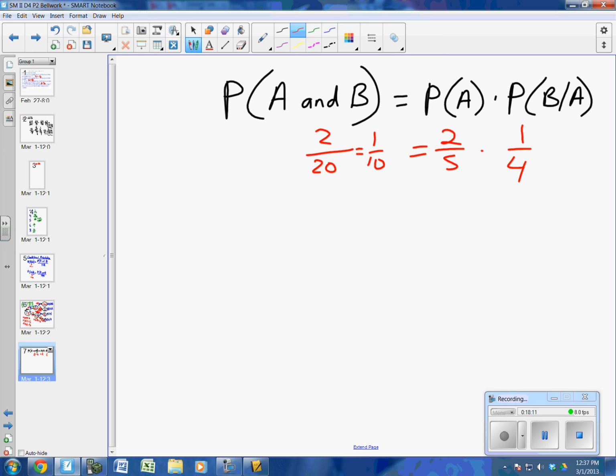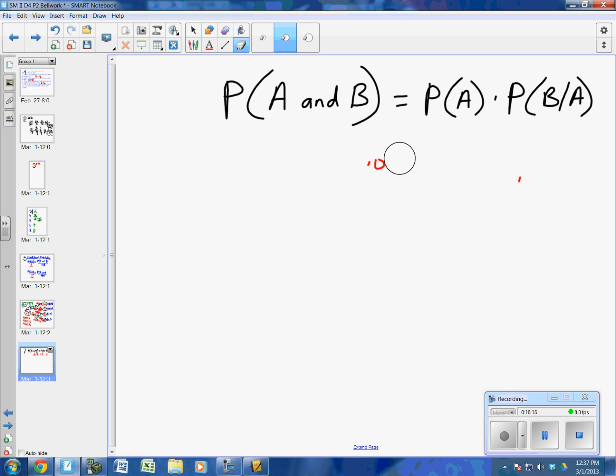Now, we're going to take this formula right here, and what would I do to both sides of this formula so I can get it to look like this one that's over here on the whiteboard? P of A, right.